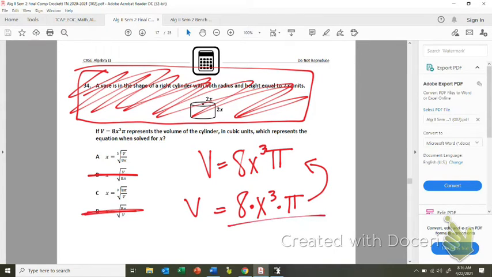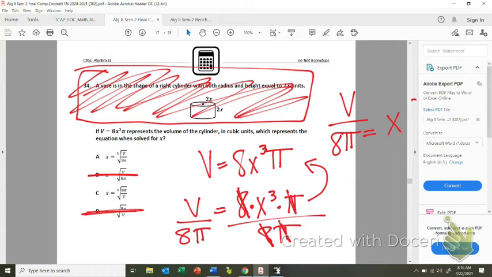So let's divide by 8 pi on both sides. My 8's go away, my pi's go away. So I'm left with v over 8 pi equals x cubed. Well, we just said to get rid of a cube, we take the cube root, right? So, A or C? A.